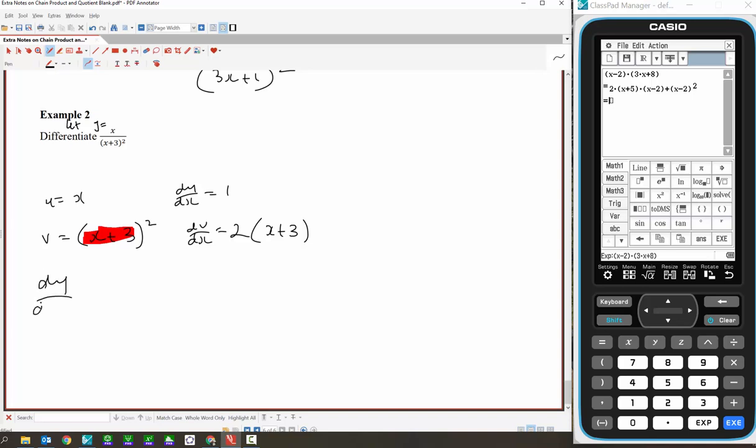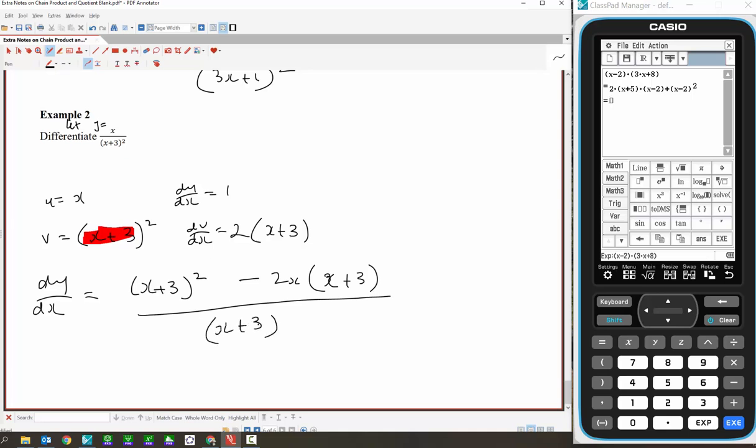So we can then say dy/dx is v du/dx, x plus 3 squared. So v du/dx, take away u dv/dx, 2x, x plus 3, all over v squared, which is x plus 3, all squared, squared.